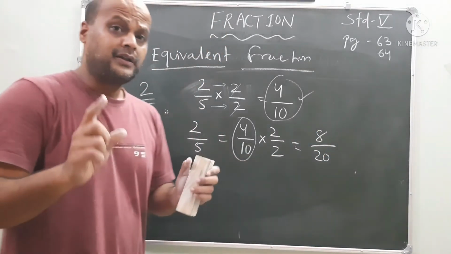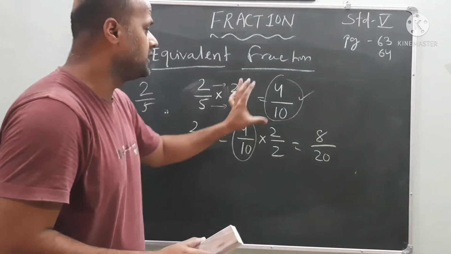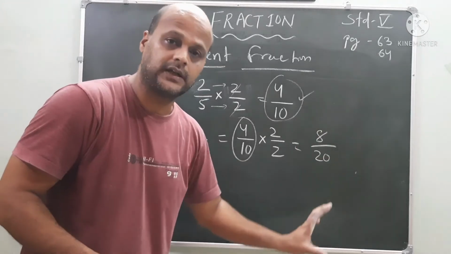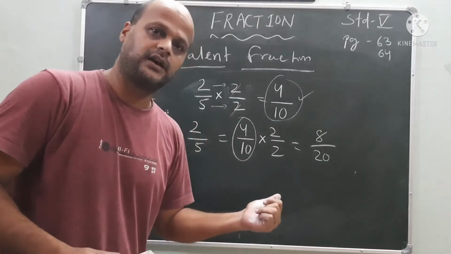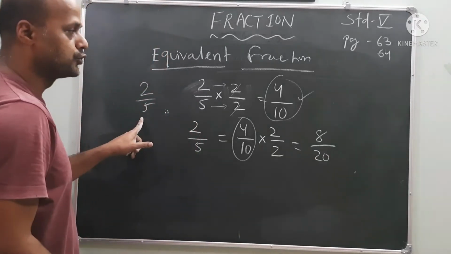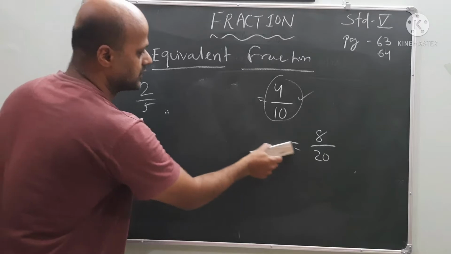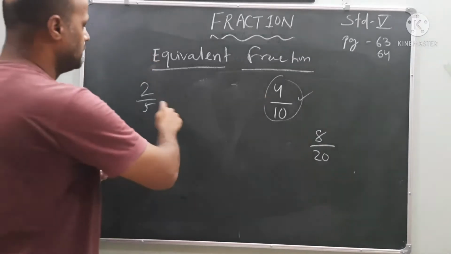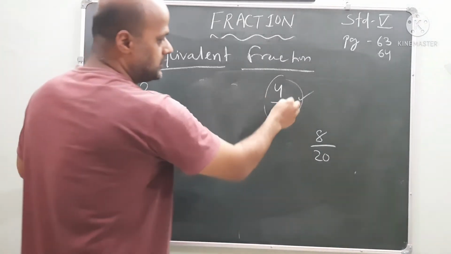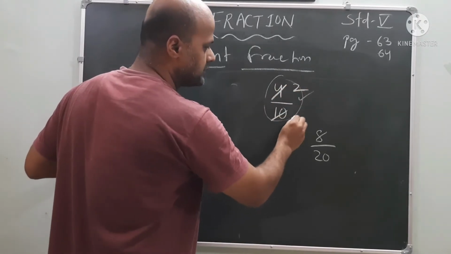Understood? Now the doubt is coming: Sir, you multiplied so many numbers and you are saying it is equivalent. Let's check now whether it is equivalent or not. We are talking about 2 by 5. How will we check it? 2 2s are 4, 2 5s are 10.